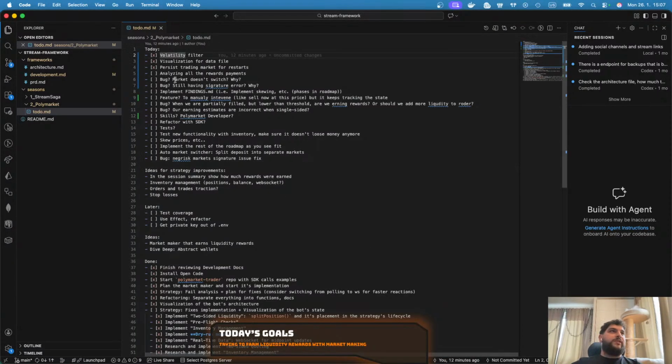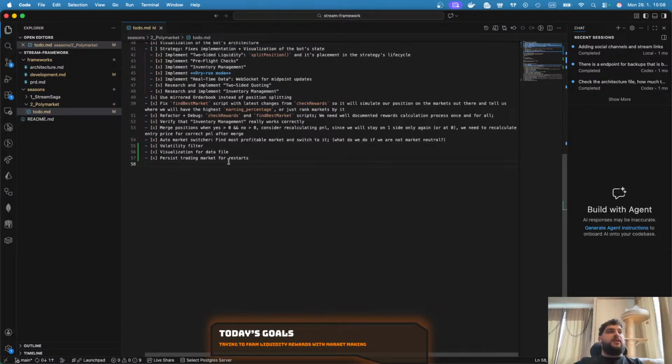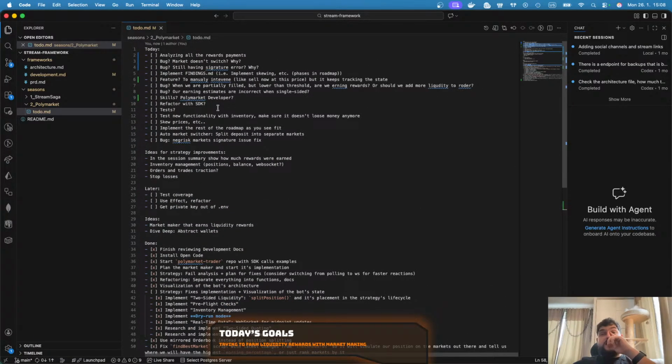We filter out the volatile markets according to the parameters that we defined. And we did a visualization for our data file, and started persisting the trading market for restarts, which allowed us to restart our orchestration because it was not possible before. So let's move that to done now that we discussed that.